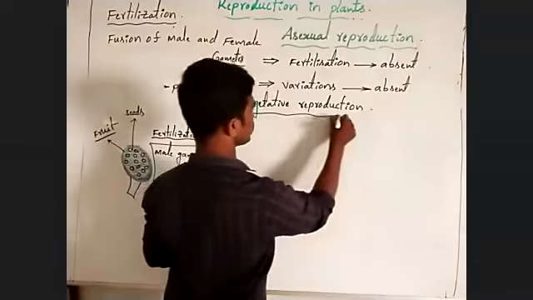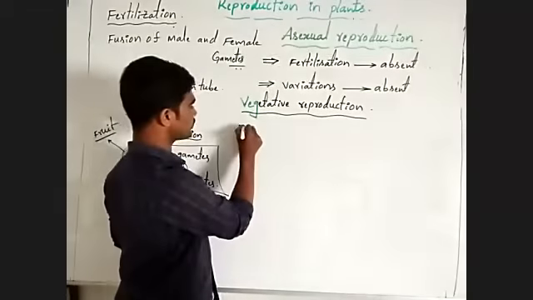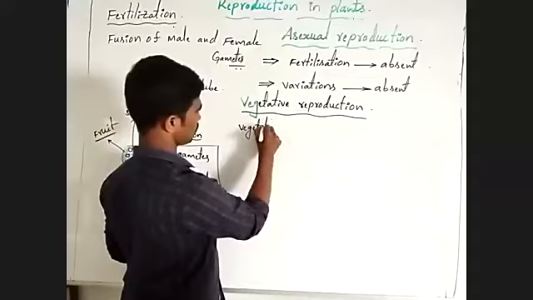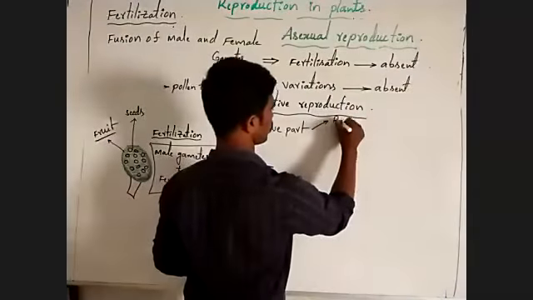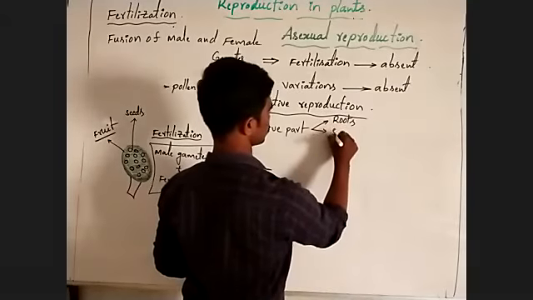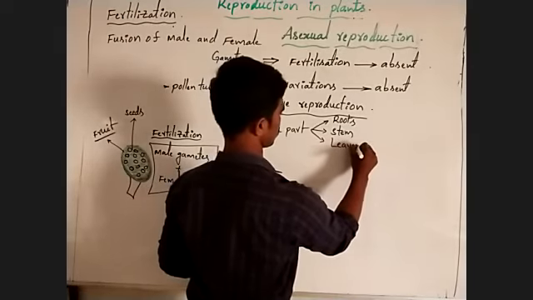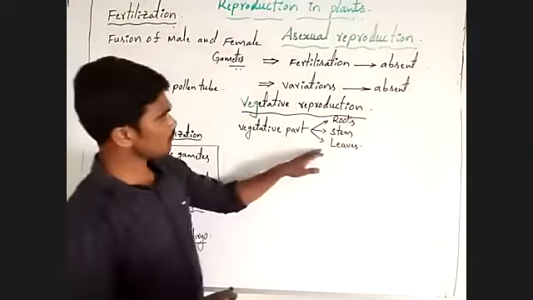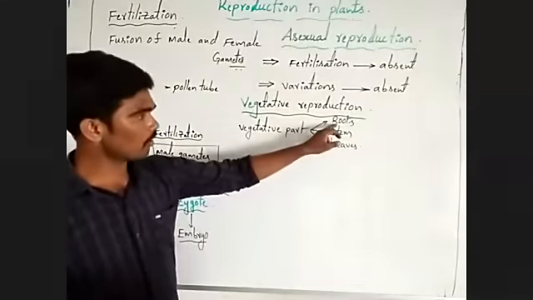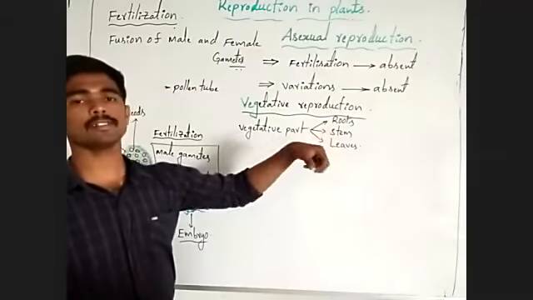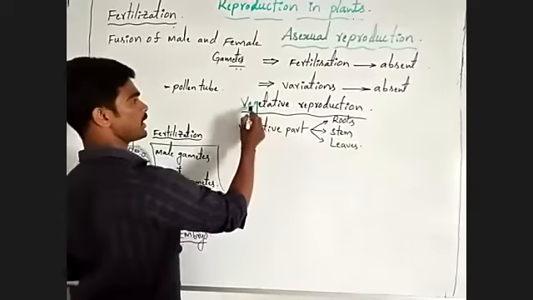Because vegetative parts like roots, stem, and leaves are involved and produce new plants.